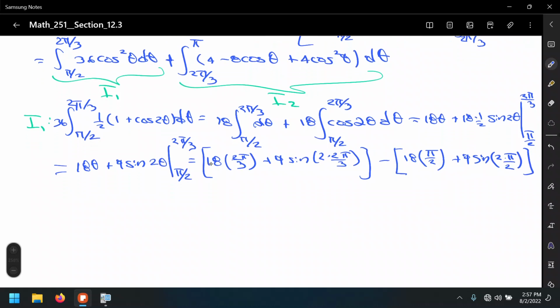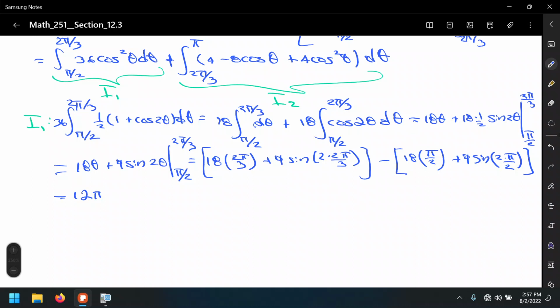Okay, so number 1, 18 over 3, that's 6. 6 times 2 is 12 pi. And this is going to be 2 times 2, that's 4 pi over 3. Sine of 4 pi over 3, I think, is negative 1/2. Is it?